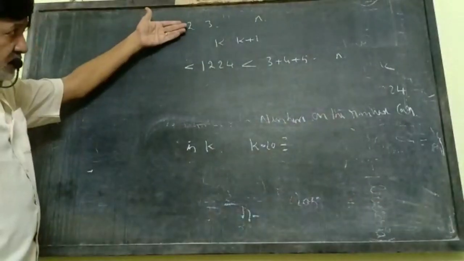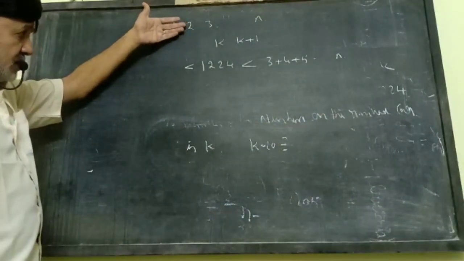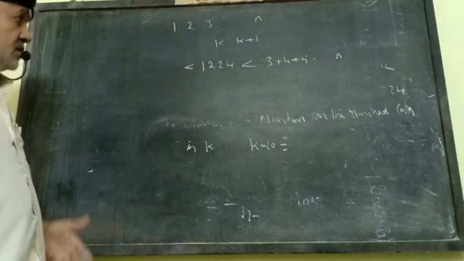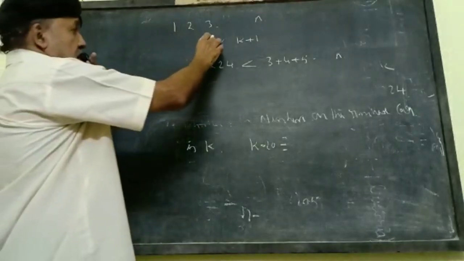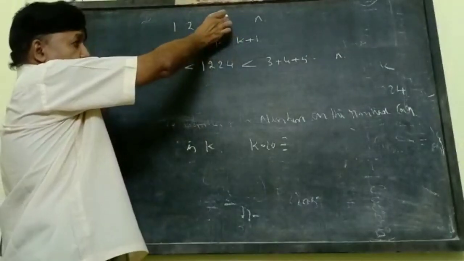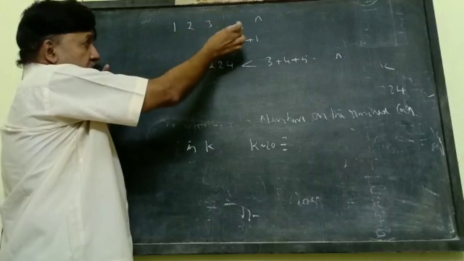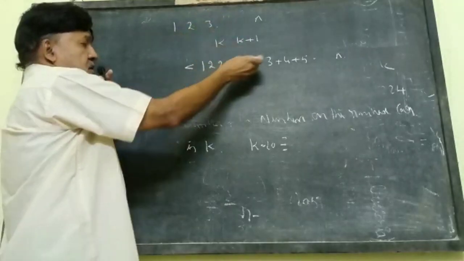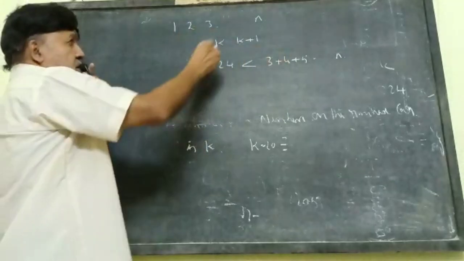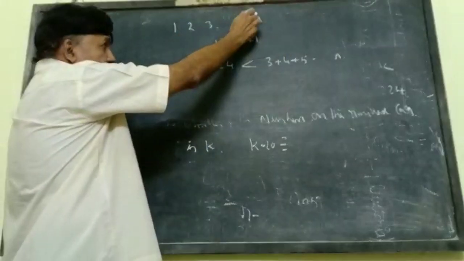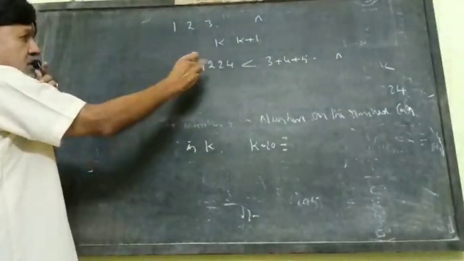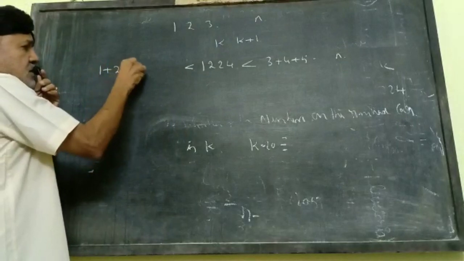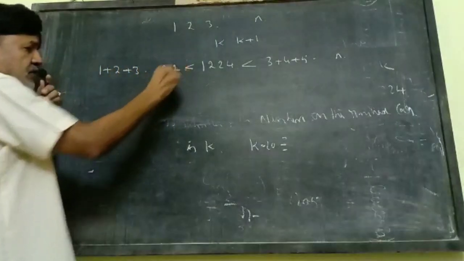If you are removing the smallest numbers, 1 and 2, the remaining sum is bigger. If you remove n minus 1 and n, then the remaining sum will be 1 plus 2 plus 3 up to n minus 2, which is less.